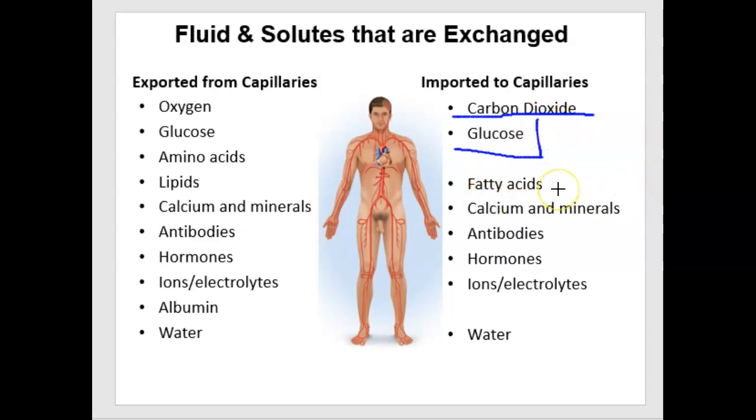Like when the liver makes extra glucose from gluconeogenesis, that needs to be transported to other locations in the body. Certain fatty acids can leave one tissue and go to another, and they need the blood to do that. Again, calcium and minerals, antibodies, and hormones as well.